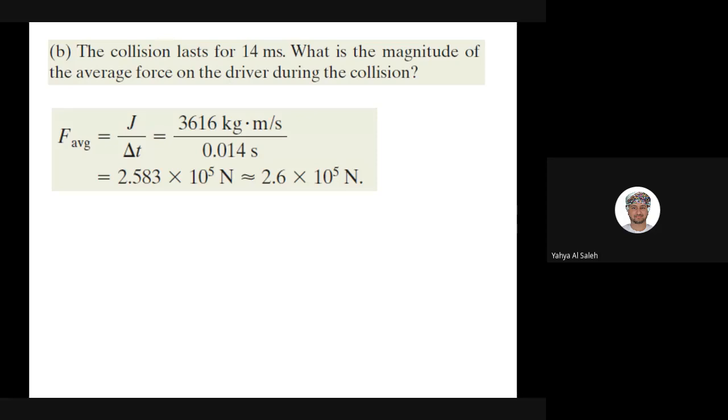Can you imagine what we can do in a car to increase the collision time from 14 milliseconds to just 1 second? I'm just gonna wait until someone decides they want to answer, because I hate talking to myself.